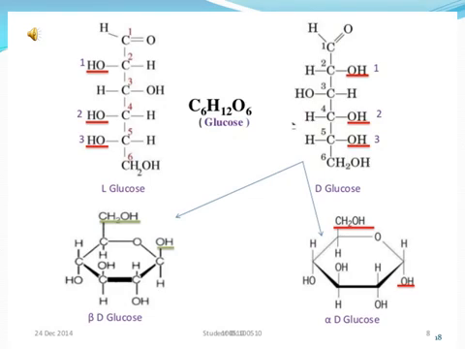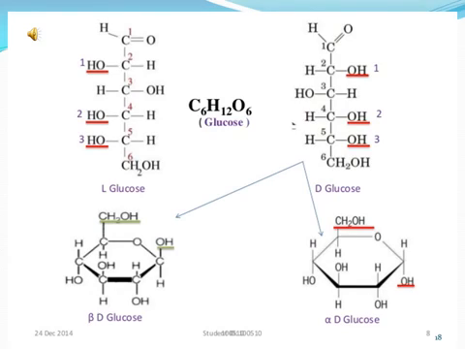To assign the alpha or beta configurations to these forms, you look at the structure, at the relative positions of carbon number 6 and the OH group on carbon number 1. In the alpha form, structure 1 as shown on the right side, the OH group on carbon number 1 is on the opposite side of the ring from carbon number 6.